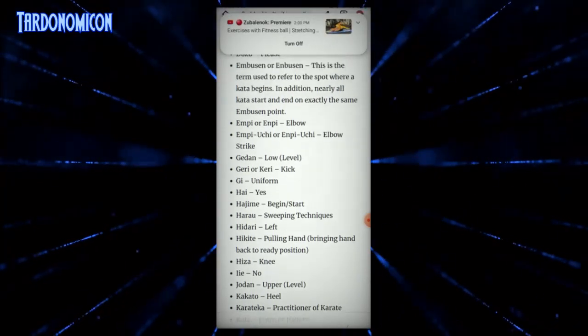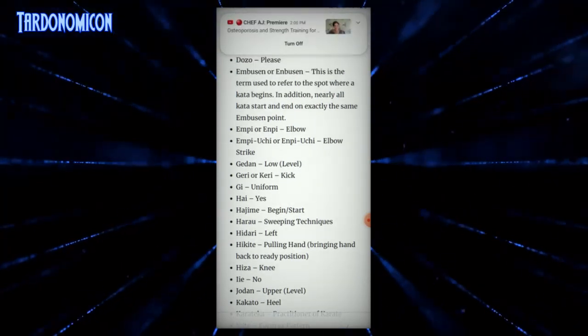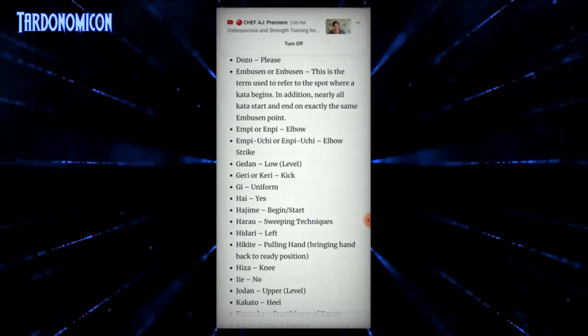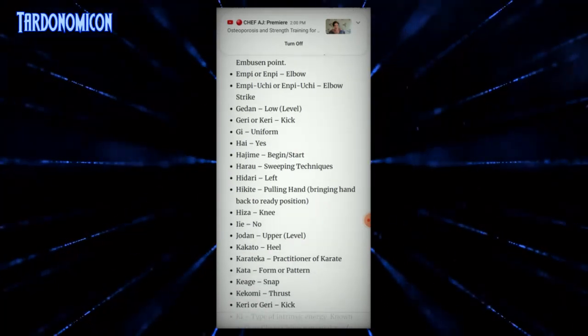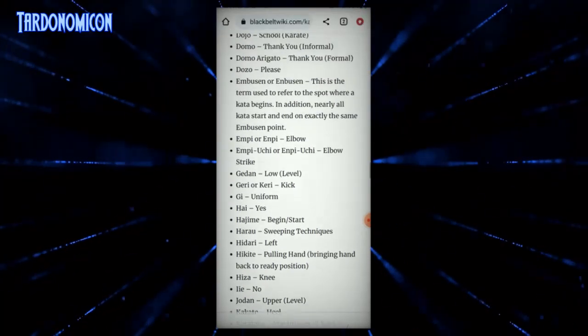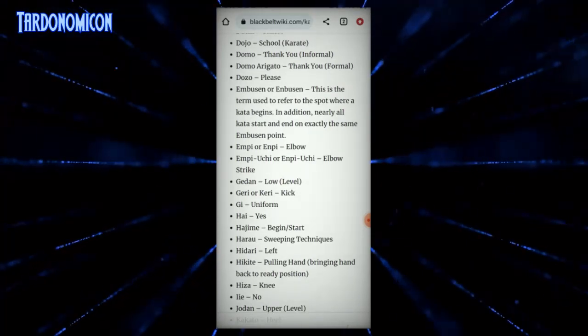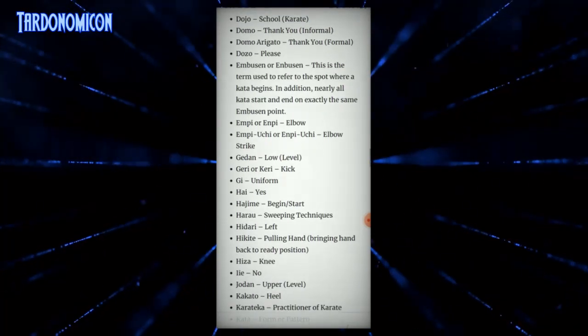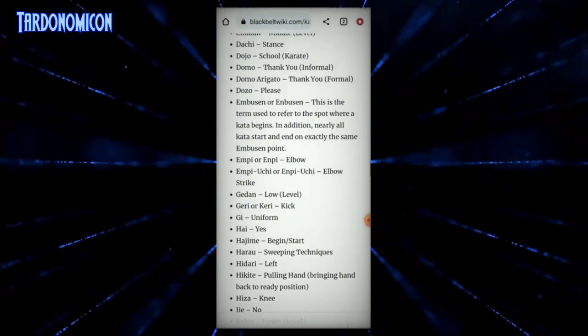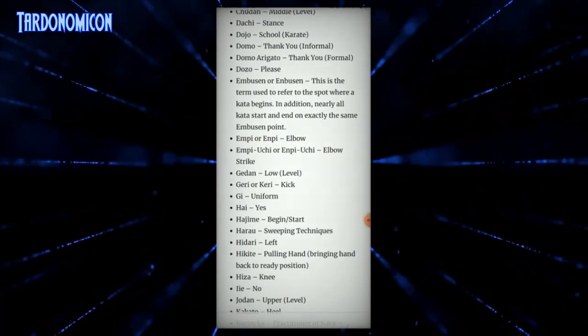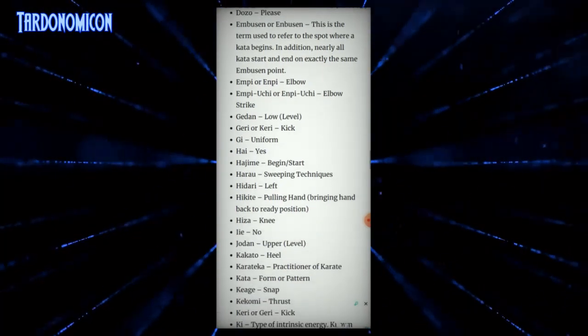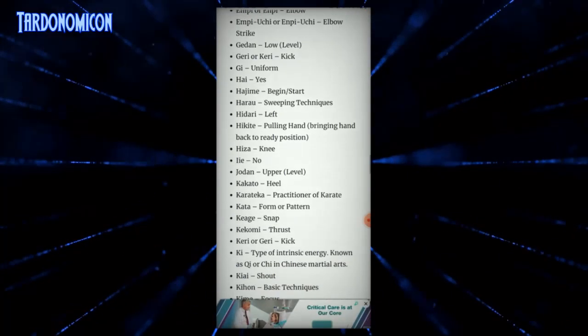In Japanese, it's called a gi. You are going to see that used interchangeably by a lot of instructors. A lot of instructors prefer the word gi to dobak. At my school, generally speaking, we use the term uniform, okay? Just because it's easier for people to understand.